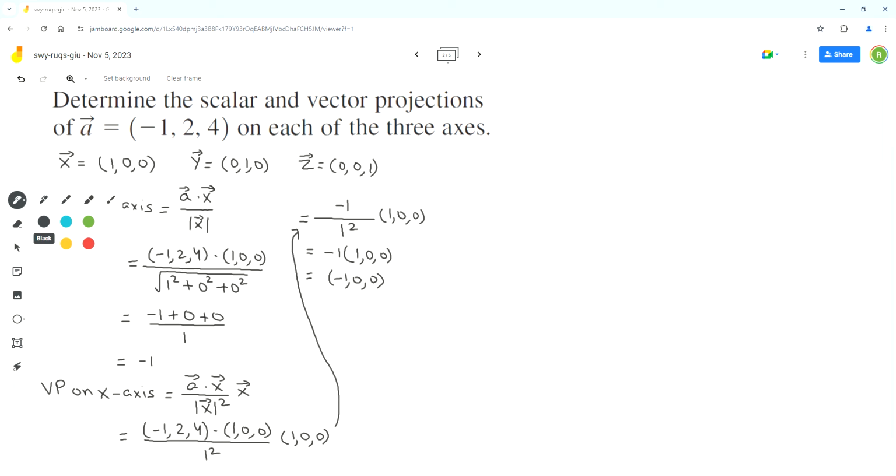Now we can do the calculation for the y-axis. Let's start with the scalar projection.